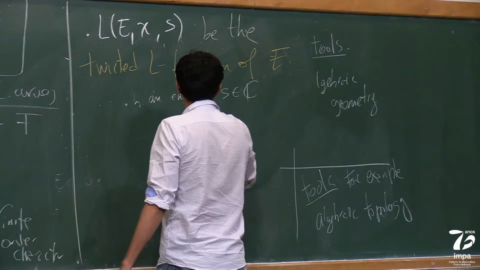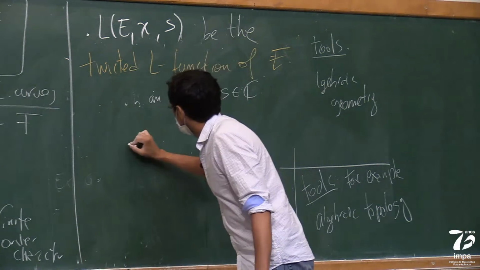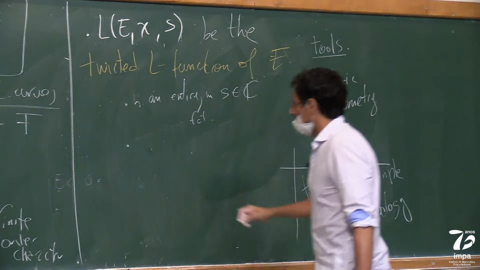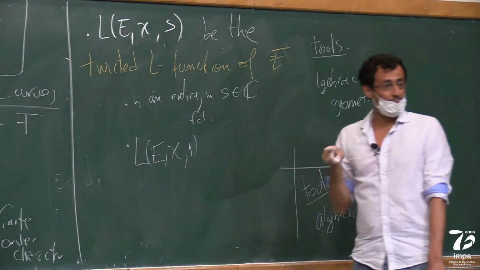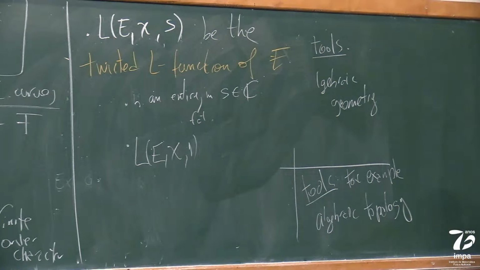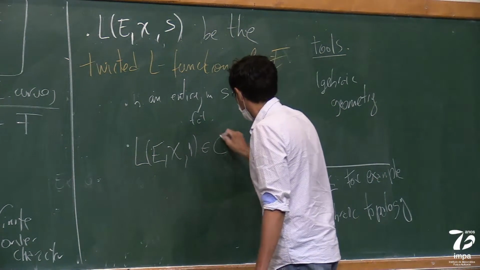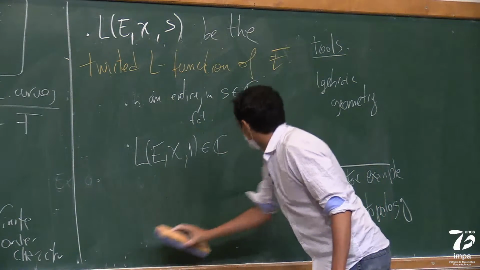When you look at the evaluation at 1, this is a complex number, but this number has a lot of information.